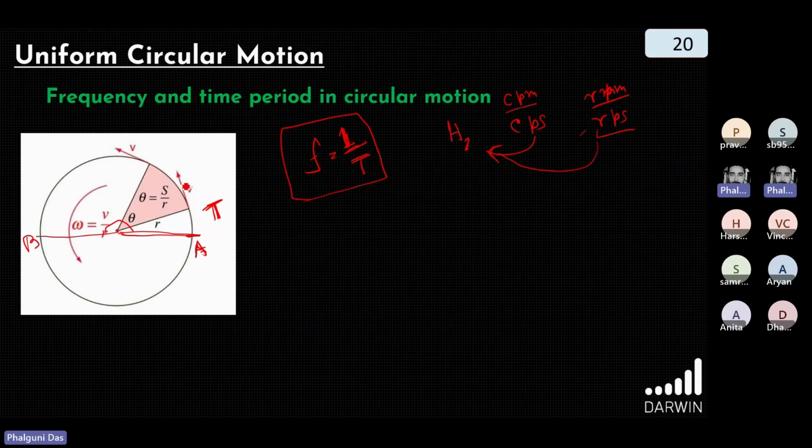From A to A again, it's covering a total angle of 360 degrees, or you can write it as 2 pi. So if the particle is moving with an angular speed of omega, how long does it take to cover this whole 2 pi? That is, the time taken is 2 pi by omega.